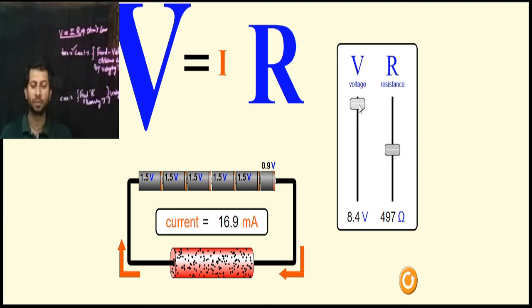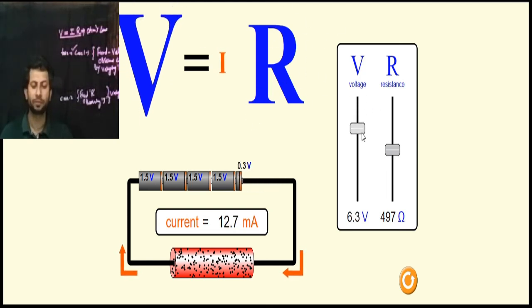We keep moving upward and reach the maximum voltage of 9 volt. The size of V is increased, I is also increased, and the current value in the circuit is 18.1 milliampere, while keeping the resistance constant.